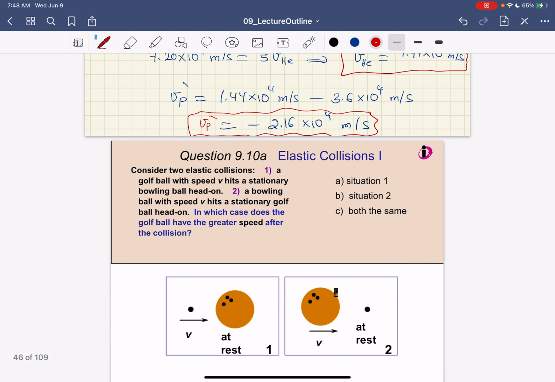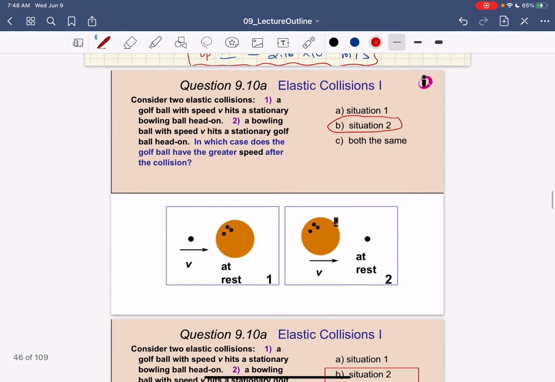Now here, consider two elastic collisions. A golf ball with speed v hits a stationary bowling ball head on. A bowling ball with speed v hits a stationary golf ball head on. In which case does the golf ball have the greater speed after the collision? I will say situation 2. And why is that?